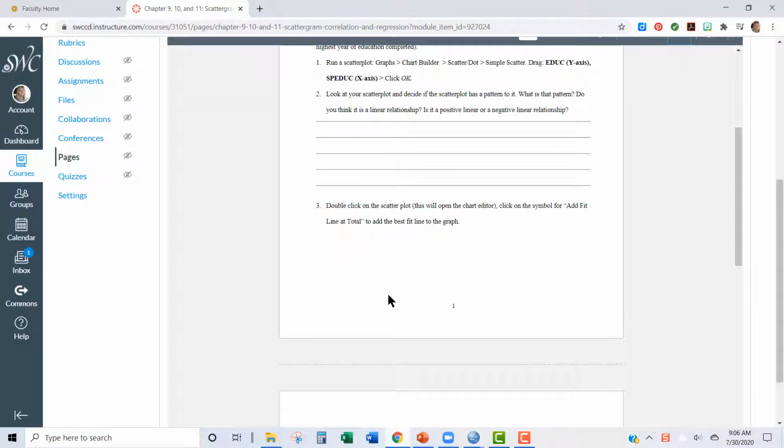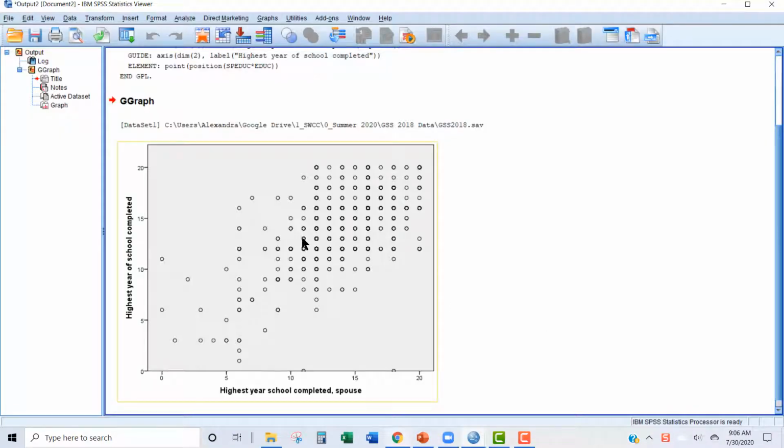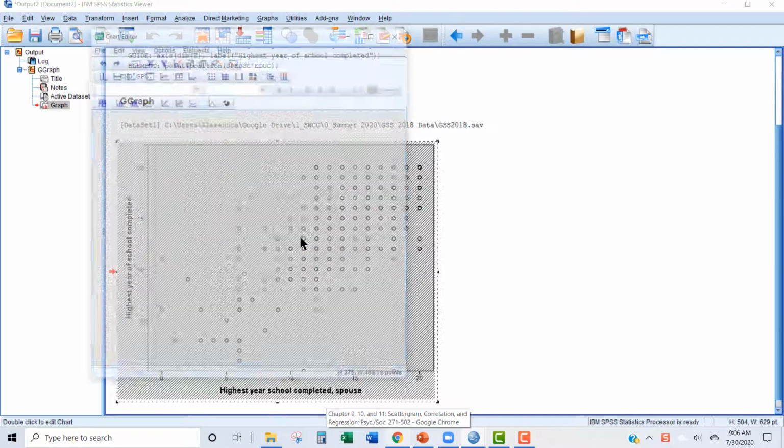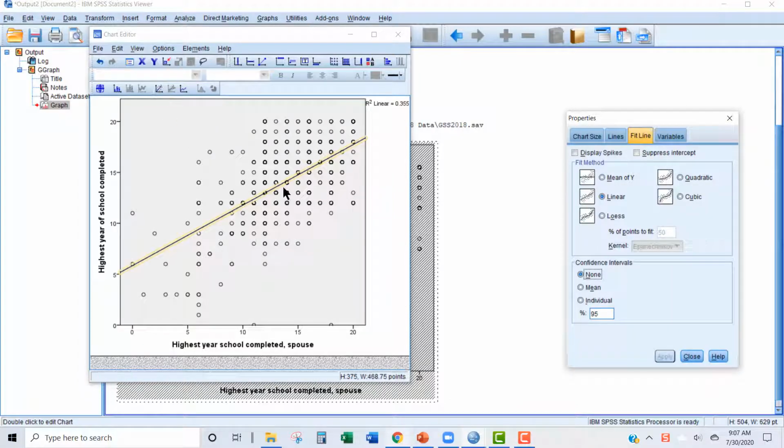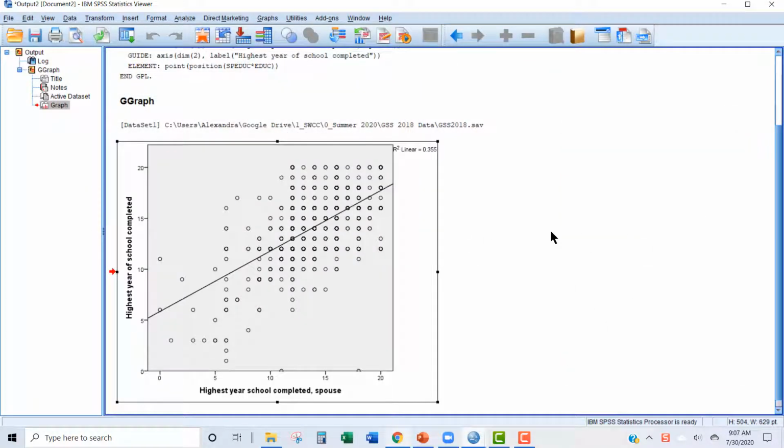However, let's add a fit line at total in order to really see if there is a pattern. So double click on the graph itself. You will see that this opens up. And then we can see right here that symbol says add fit line at total. Now we can just X out of it and we automatically have the best fitting line. And it's going to give us our R squared up here.